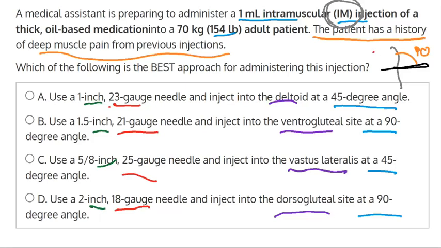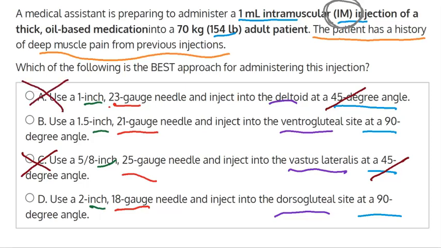So let's say at 90 degrees here, let's say this is your muscle as it gets to the fat, that's 90 degrees. If you were to take it and go at, let's say, a 45-degree angle, you're not going into the muscle, and that would actually probably be going into the fat and be a subcutaneous injection. Therefore, in these choices where we see 45 degrees, that's not an IM injection anymore, and hence we can eliminate those options.